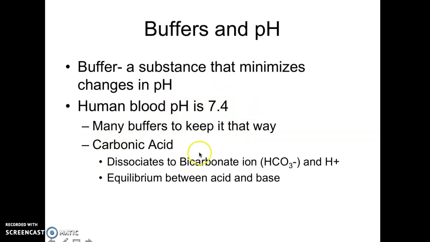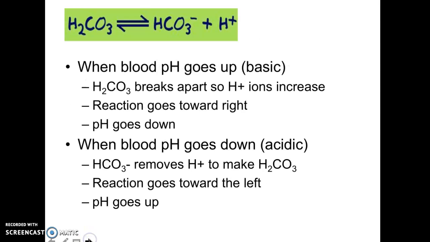So carbonic acid is something that we have in our body, and it dissociates into bicarbonate ions. And when it does that, a hydrogen ion is released. So we want to make sure that we have a balance between this acid and base range. Okay, let me go back for a minute here.